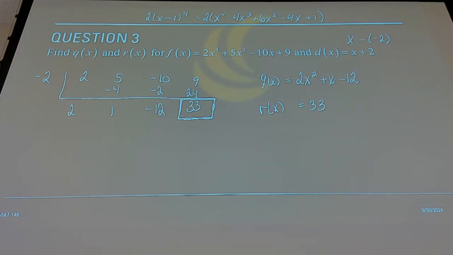And then your remainder is always going to be constant for synthetic. So synthetic is a lot easier. It's also a lot quicker.